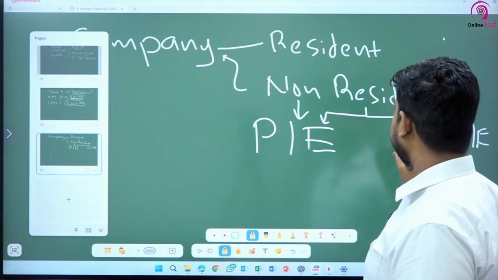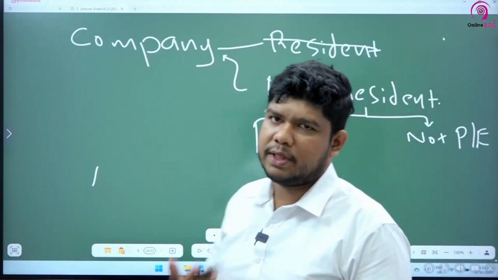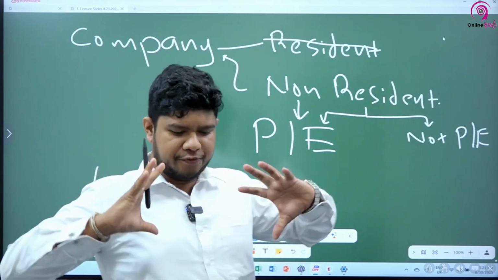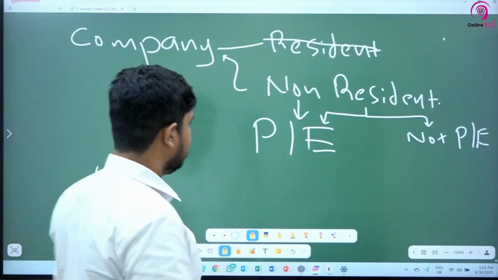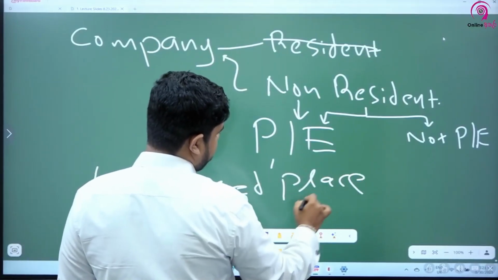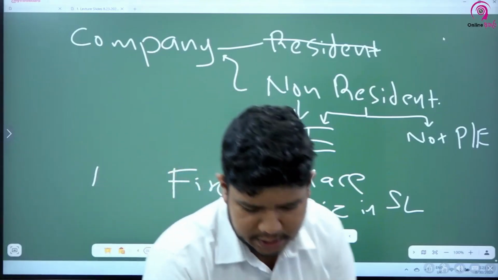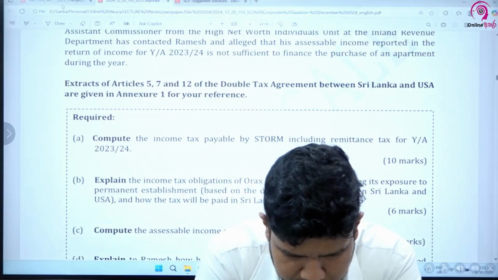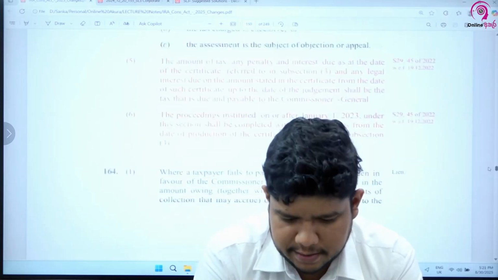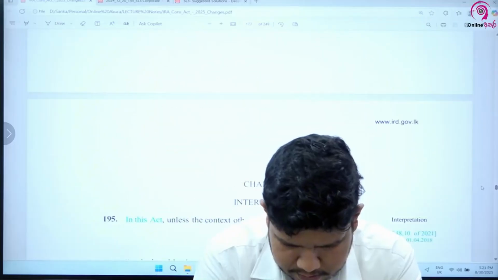So Storm is a non-resident. Not a resident, it is a non-resident, and then you look at whether it is a permanent establishment or not. Here they have fixed activities, a fixed place of business in Sri Lanka. PE is defined as a fixed place of business in SL, right? So if we go to the definition, this is how you refer to the act. Section 195, definitions.